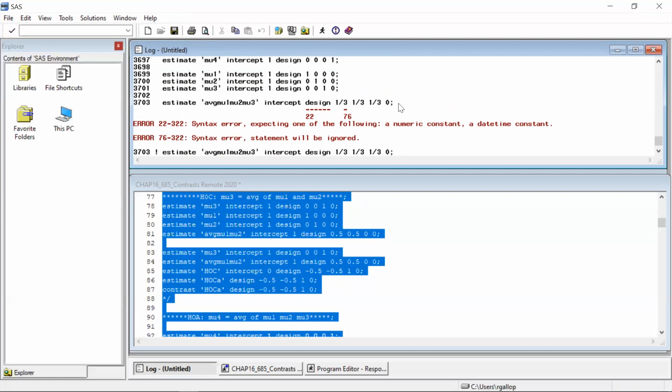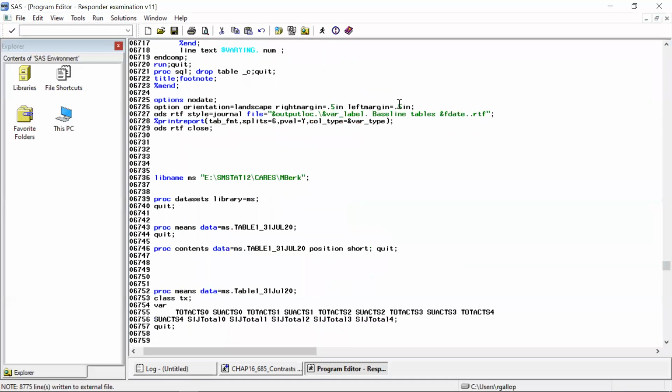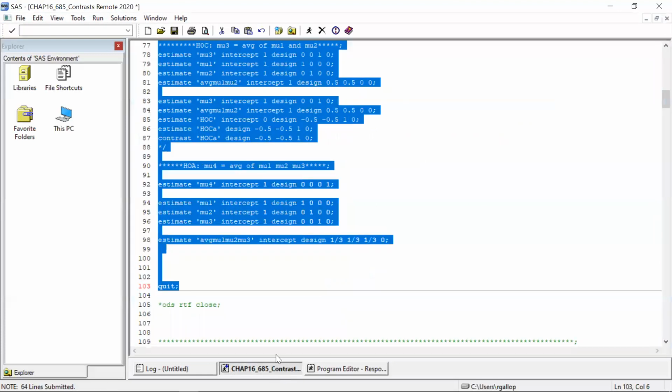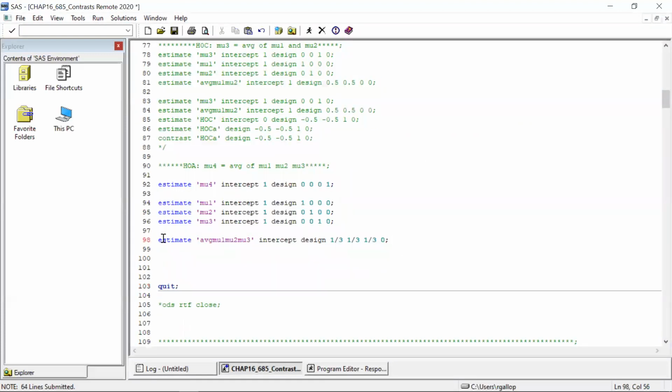SAS is not seeing 1/3 as an entry. It just doesn't like it. So SAS doesn't like fractions, where I'm writing the mathematical fraction with the slash. So I have to turn these into decimals. So let's go here. Okay, so we knew this was messed up.